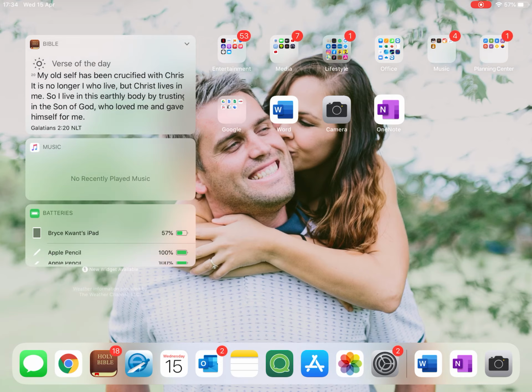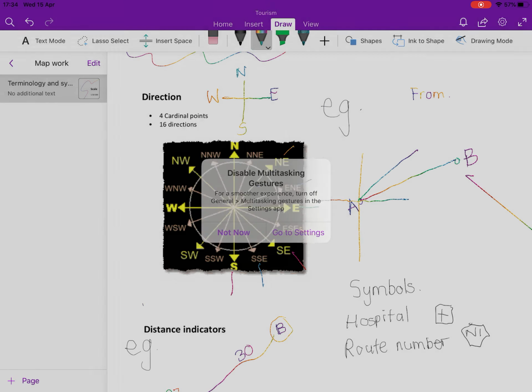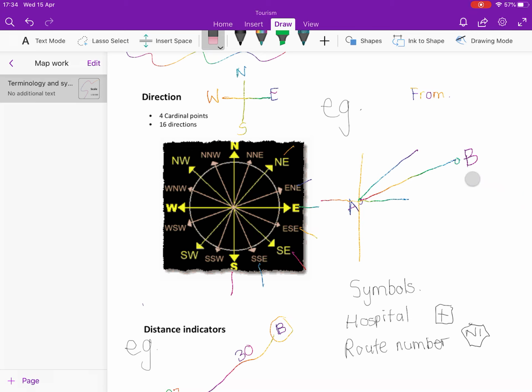It would be east-northeast. Okay, that is your answer for direction.